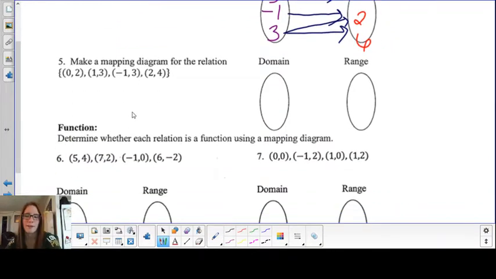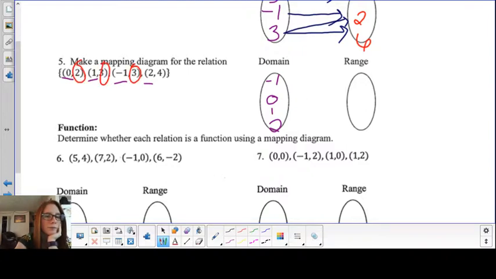Okay, so let's try it again. Let's find all of our x values. Which one's the smallest? Good, that negative 1. Then 0. Then 1 and 2. Looking at my y's. So it looks like 2, 3, and 4.